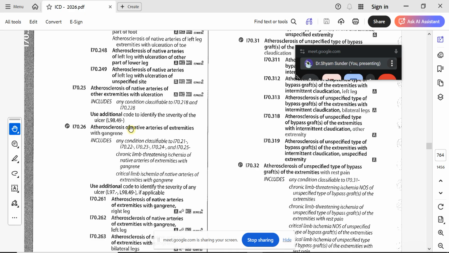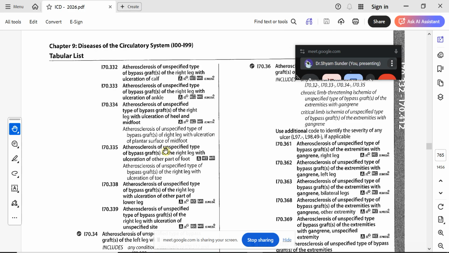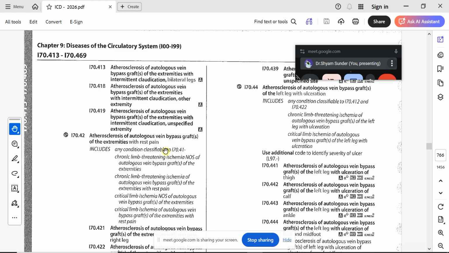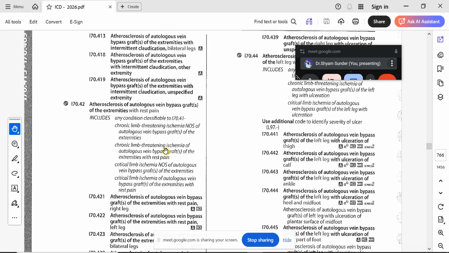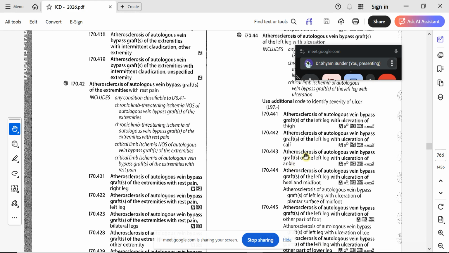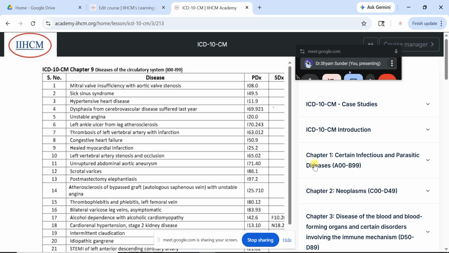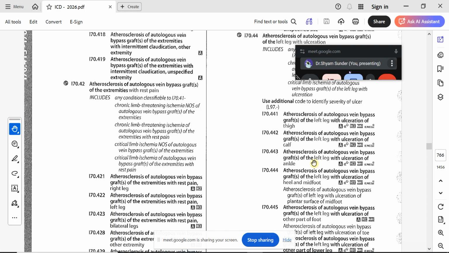So 443, right? Atherosclerosis of autologous vein bypass graft of left leg with ulceration of ankle. Very close, but what is the difference between 243 and 443? And of course, in between there is 343. Bypass graft. Okay.